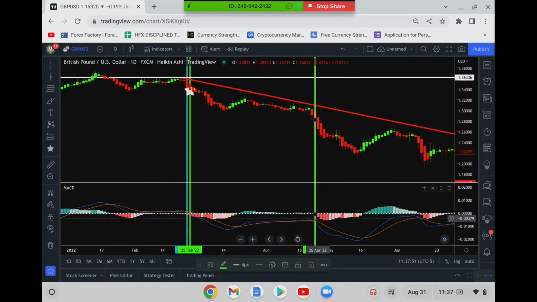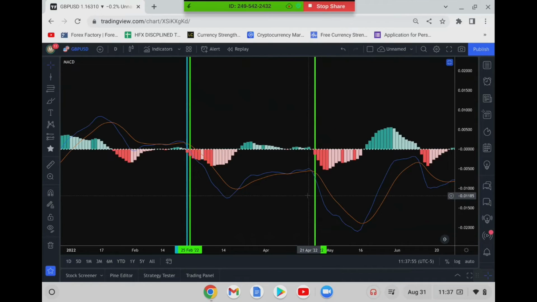We had our MACD cross, right? Let's zoom in. We had our blue MACD line cross below our orange signal line again, right? We are in an overall downtrend. This is what we want to see.